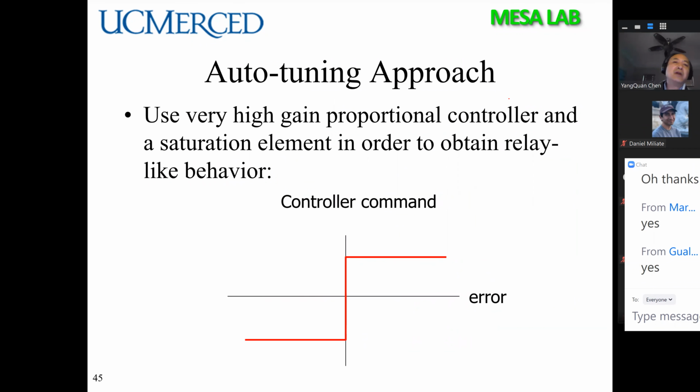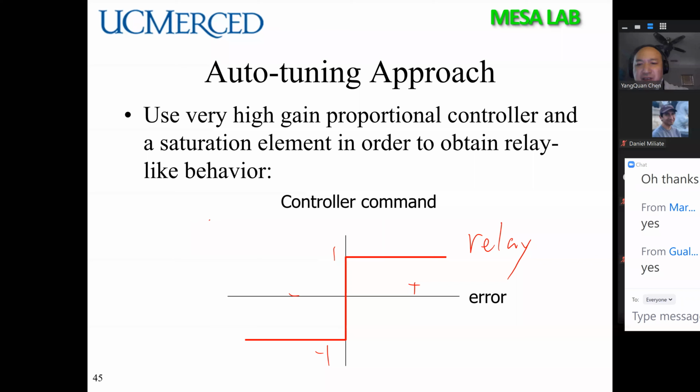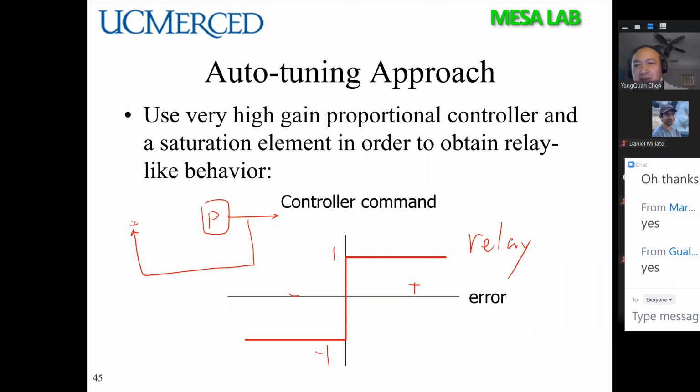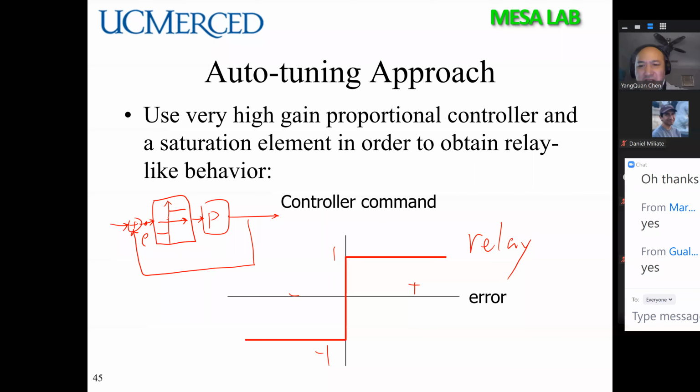So I have a plant in here, and this is my output. Instead of putting a KP here and making it very big, I don't want to constrain it, so I don't put anything. I just put this relay in here. So I see this E is positive, I output 1. This is okay. You are not going to destroy your system, right?